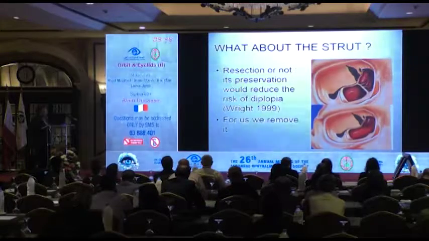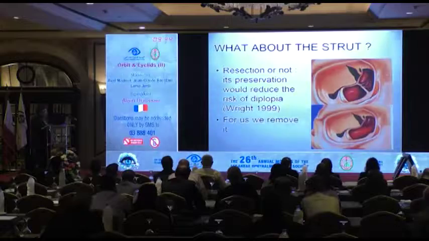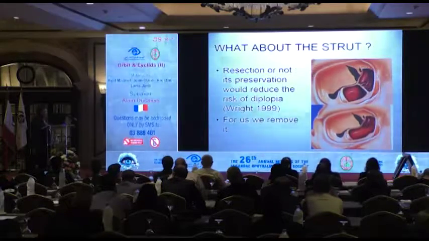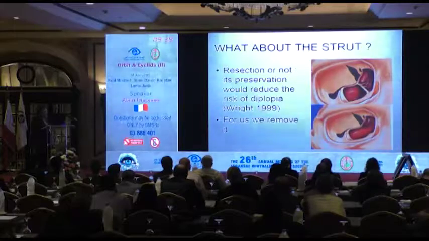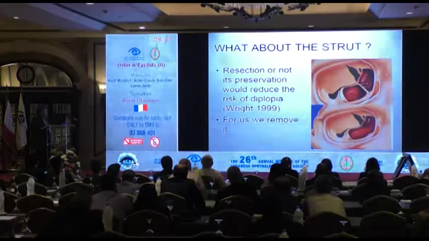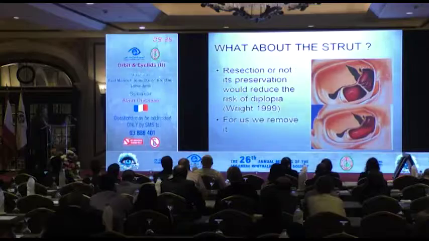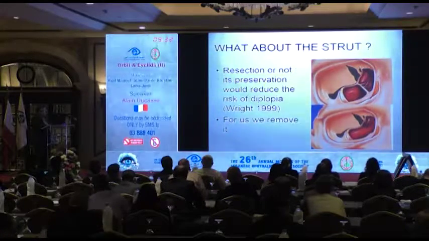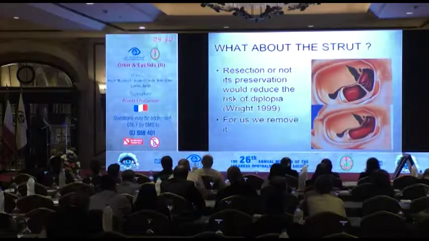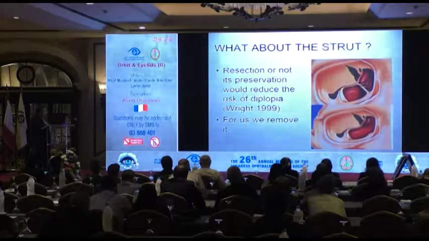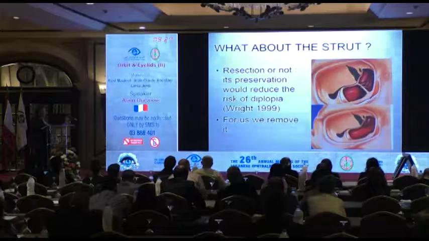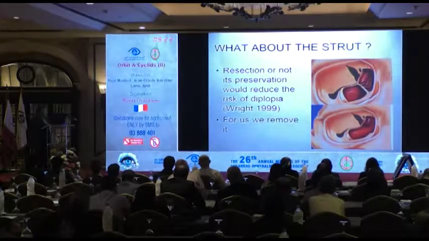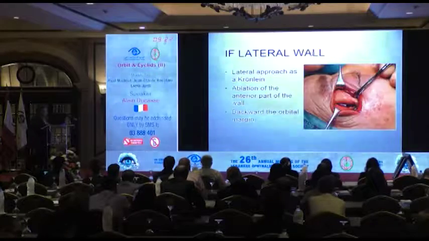The problem is the strut. The strut is the bone between the two walls, medial and inferior. Wright, in 1999, respected the strut because of the risk of diplopia, which he found less important in case of non-resection of the strut. We remove it in all cases.